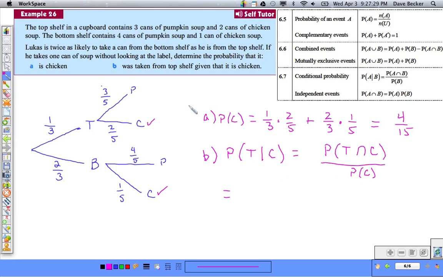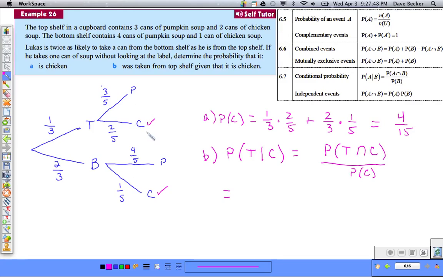The probability that it came from the top shelf, given that it is indeed chicken. Well, the only possible way for this to occur is if it's on the top shelf. So this is another reason we can't cancel it out.